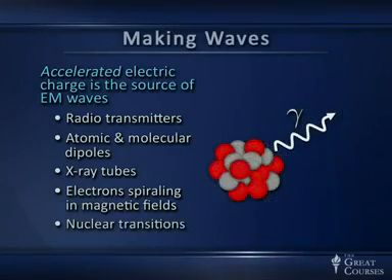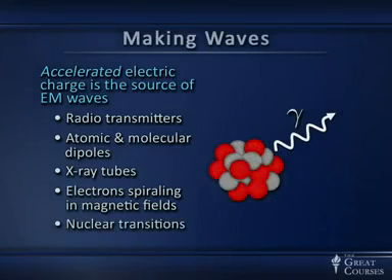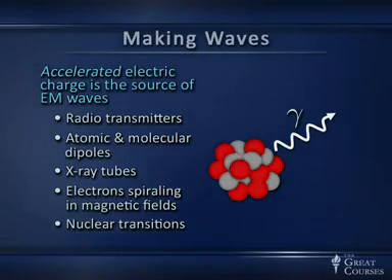Finally, nuclear transitions involving energy changes within the atomic nucleus, with the protons and the charges on the quarks moving around, produce electromagnetic waves of very short wavelength, very high frequency, and those are called gamma rays.